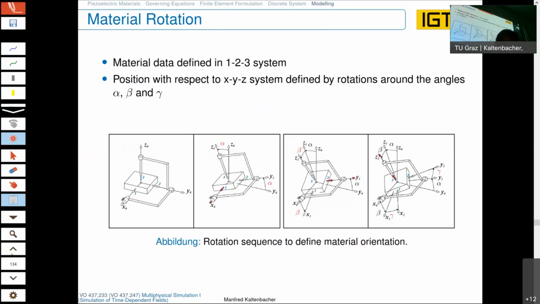Yeah, and that is just coming to the end of this lecture unit. As I have told you, often you have a special setup and your actuator or your sensor is not aligned to the coordinate axis.